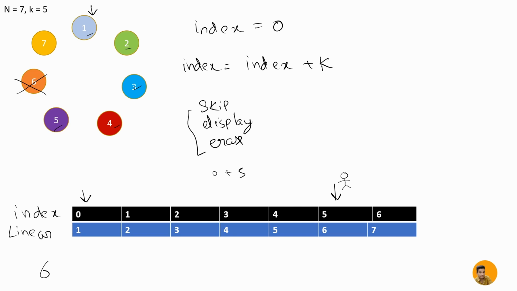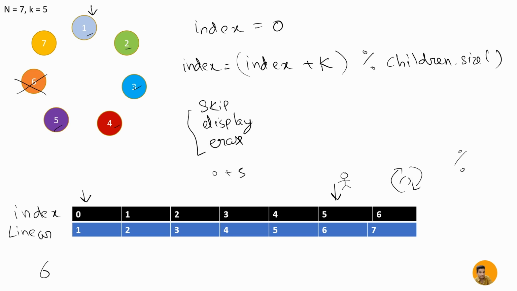Now you have to do the circular rotation in this array. How can you do that? We use the modulus operator. If I take the mod with children dot size, where children is the array, then I can rotate circularly on this array.